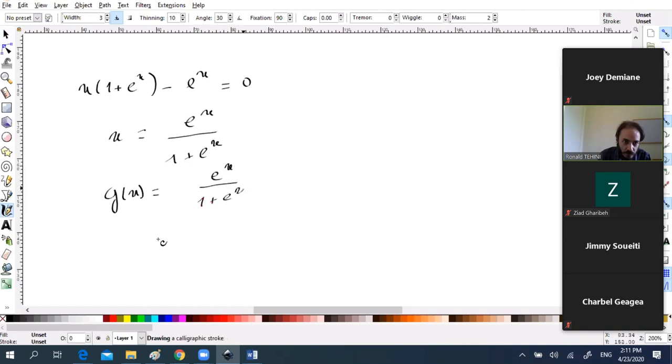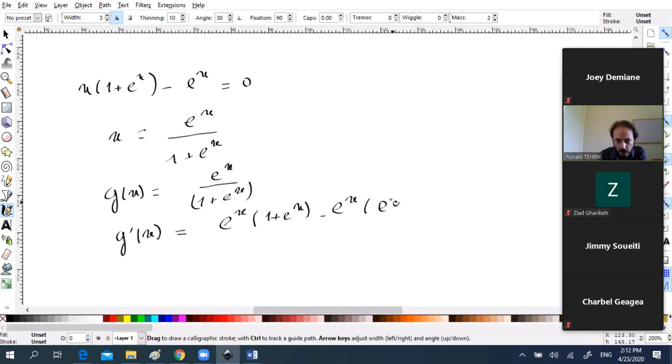Now let's study g prime of x here. It's u'v minus uv' divided by v squared.